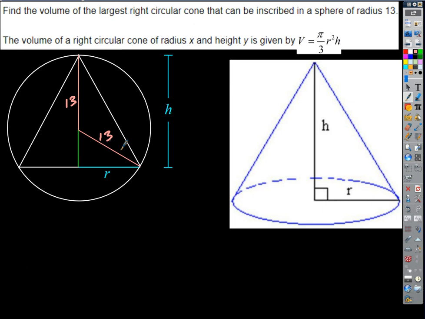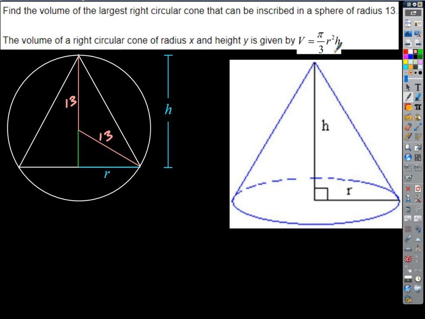Okay. So now we've got a choice, right? The problem we have with this is that I've got two variables that I need to somehow connect, right? Well, where does the secondary equation come from? It's got to be the constraint. If there's no constraint, I say, let's just make this thing infinitely big and we're done. That's pretty easy, right? But there is a constraint. The radius of the sphere is 13, okay?